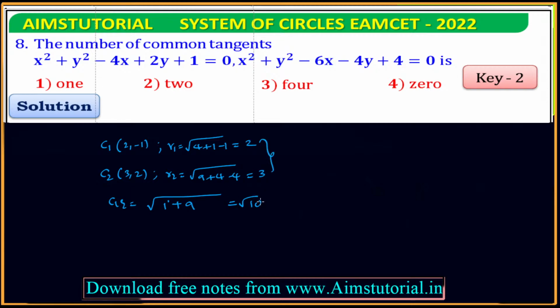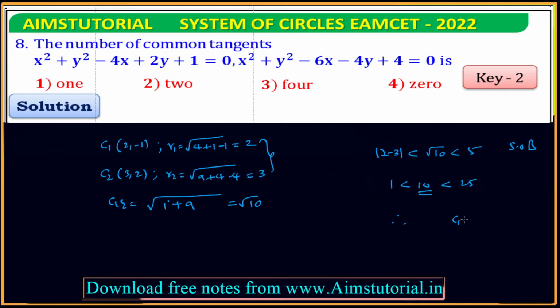So what about 2 plus 3? That is 5. And root 10, and 2 minus 3 is 1. See here, root 10 is greater than 1 and less than 5. If we square on both sides, this becomes 1, then 10, and this is 25. So 10 means C1C2 whole square is greater than 1 and less than 25.